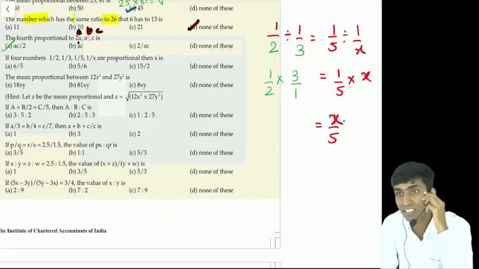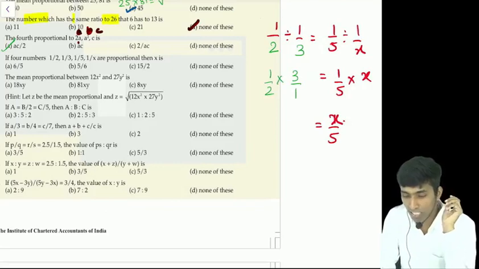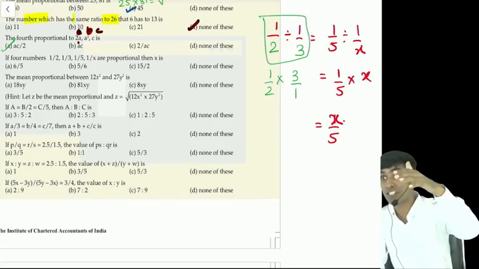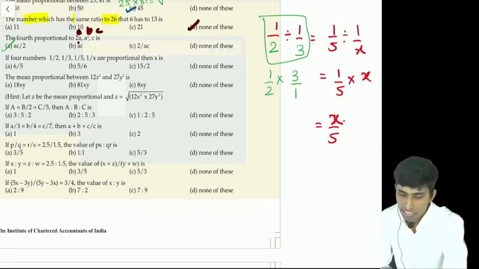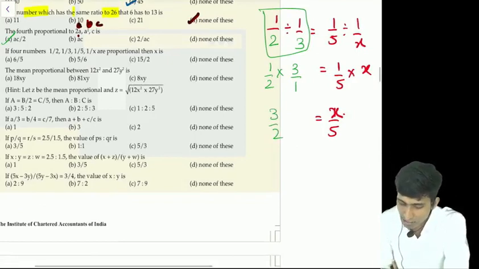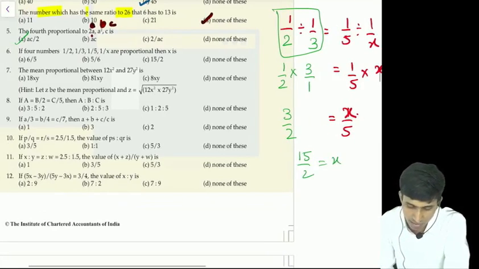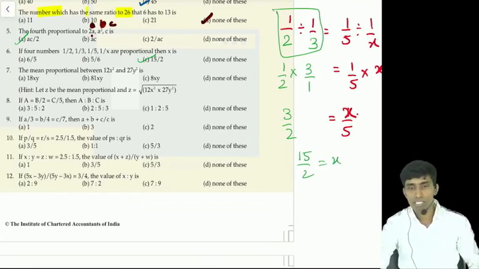Is it clear? If 1 by 2 and 1 by 3 are in proportion, meaning a ratio, I can write it in division form. So 3 by 2 is equal to x by 5. 5 threes are 15. 15 by 2 is equal to x. Which is the option? C. Wow. Copy.